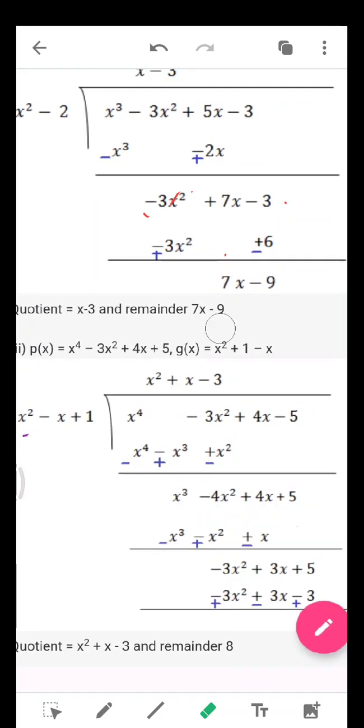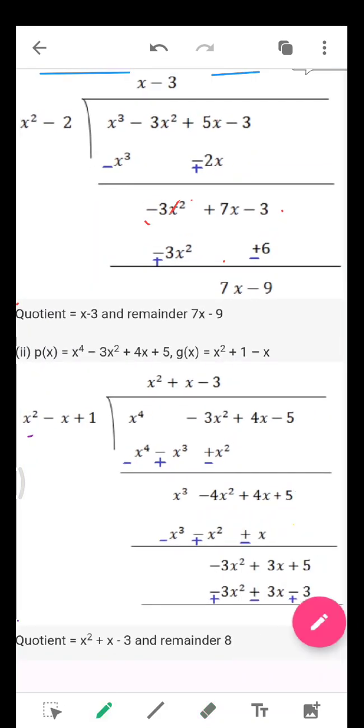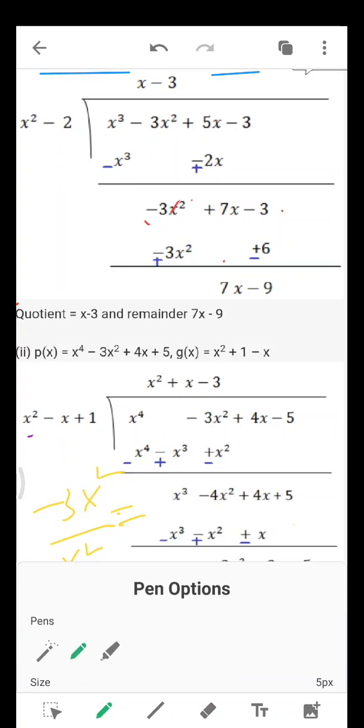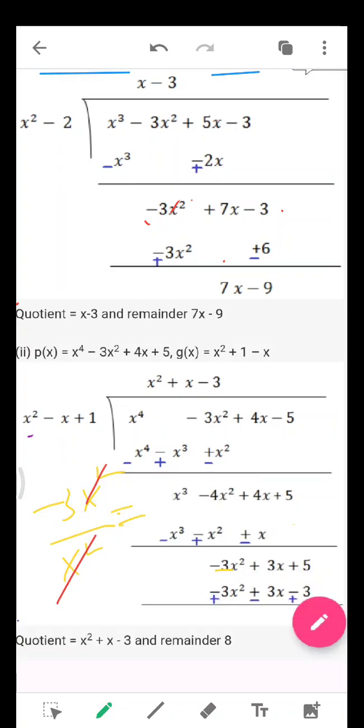The first term of the third step is minus 3x square divided by x square. What do we get if I divide minus 3x square with x square? This x square gets cancelled, remains minus 3. Where does the minus 3 go? The minus 3 comes here.